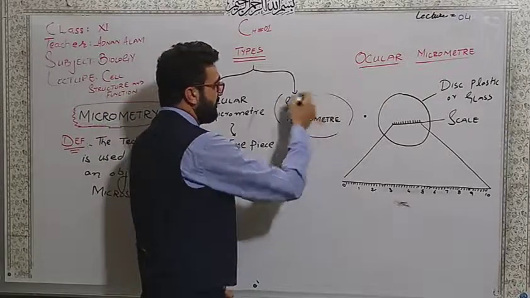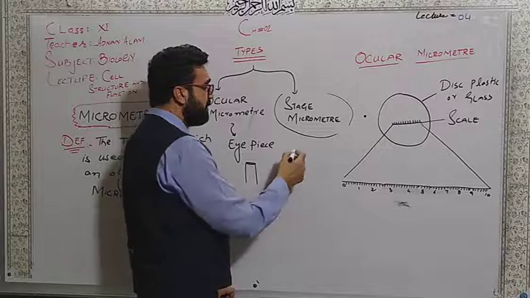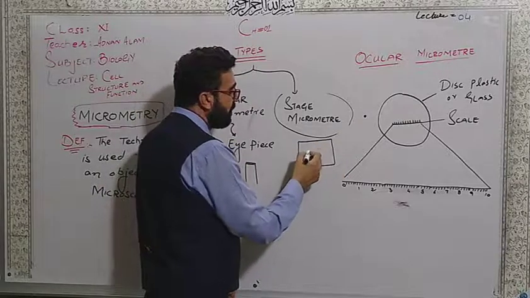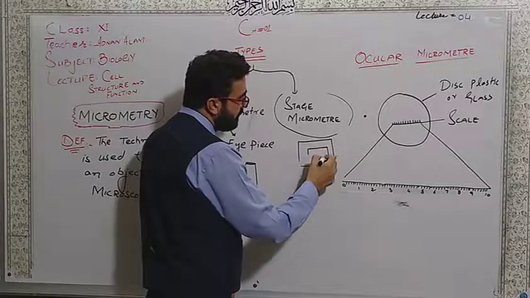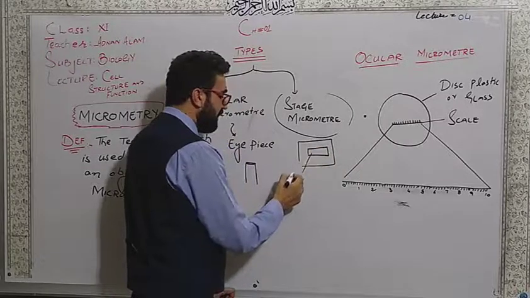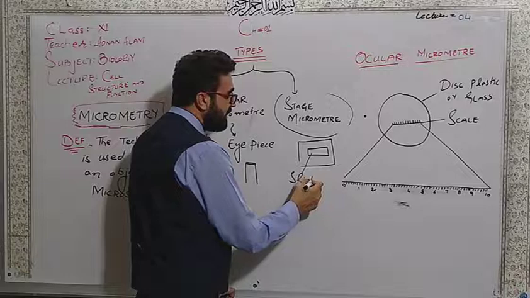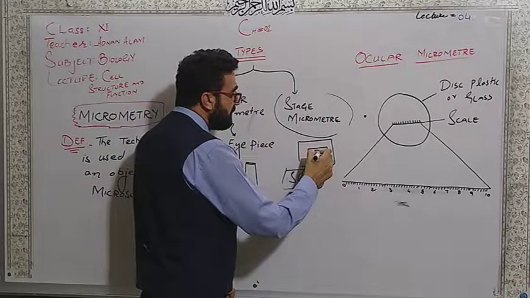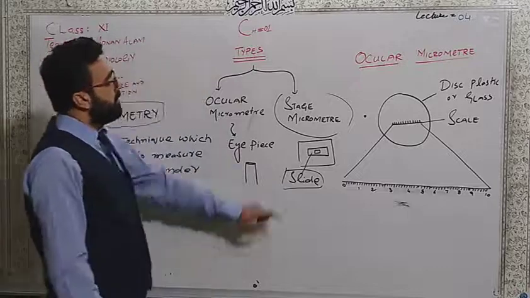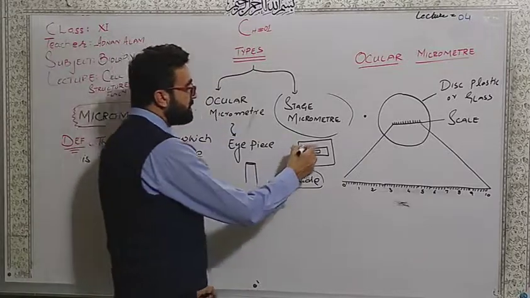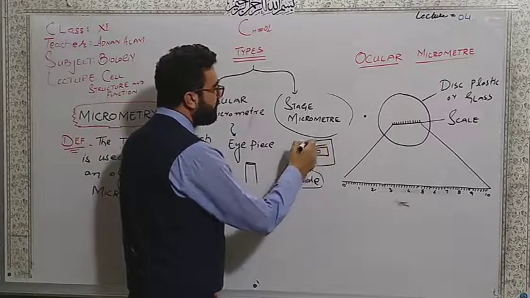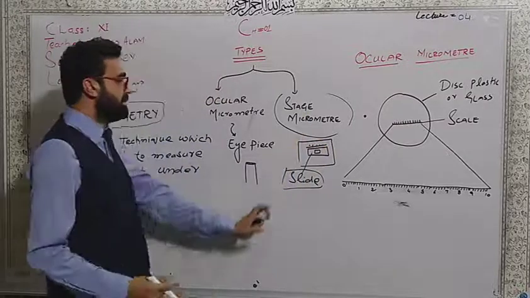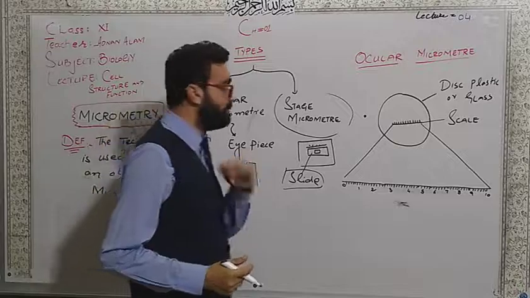Second is the stage micrometer. The stage is the part of the microscope where we keep the slide, and the slide is a glass on which the specimen is located. There is a micrometer also present here, which can tell us the size of the object.